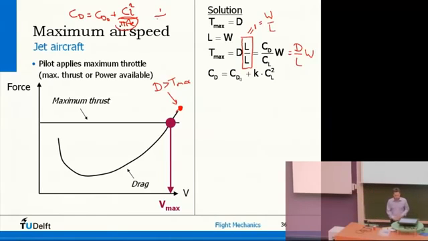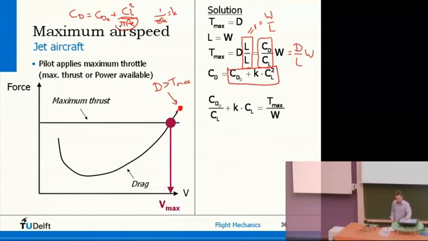Now, the maximum thrust is a function of drag coefficient and lift coefficient, but you can see now that drag coefficient is in fact a function of the lift coefficient. So if you take this equation and put it in there, and I take this weight and put it on the other side of the equation, then I end up with this relation.